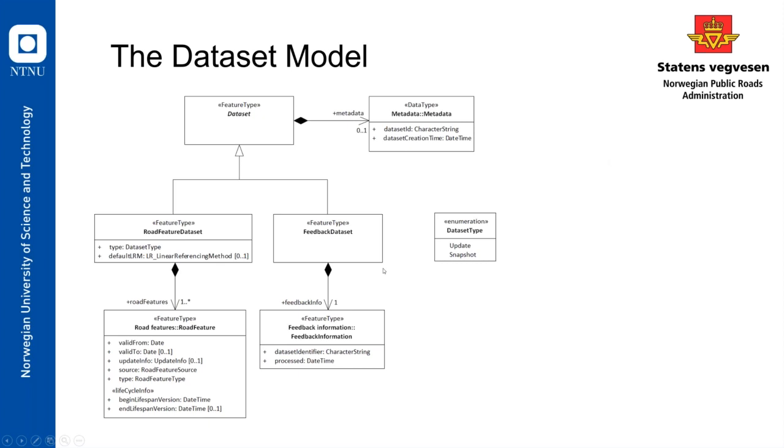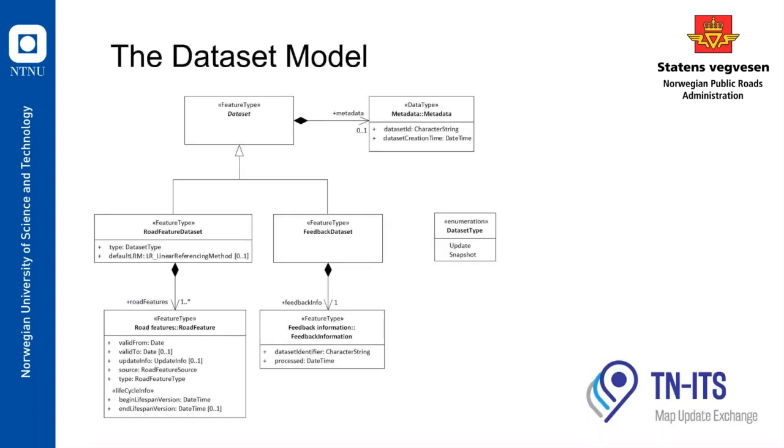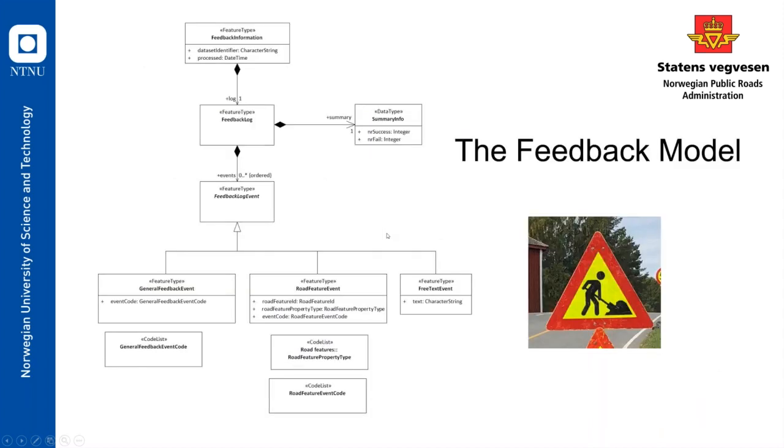So like I said, the TNITS specification is based on the principles of model-driven architecture from ISO TC 211. We find the TNITS specification, or the model in the TNITS specification, as an application schema according to this figure here, and with UML models created according to the UML modeling rules in ISO TC 211.